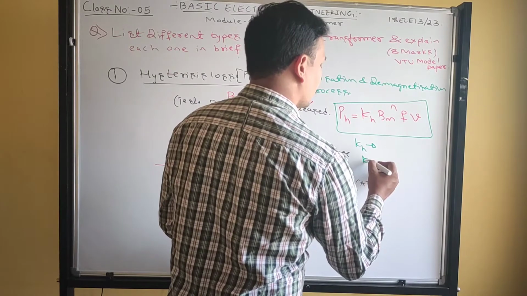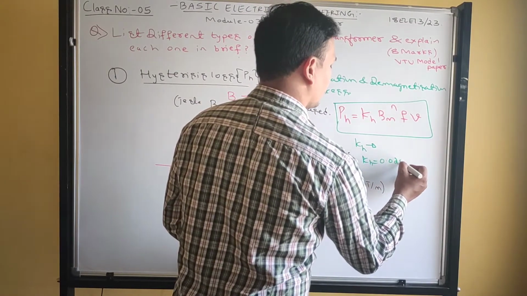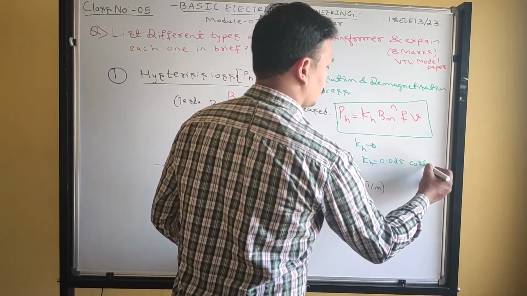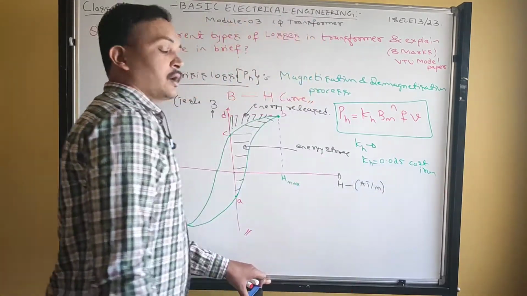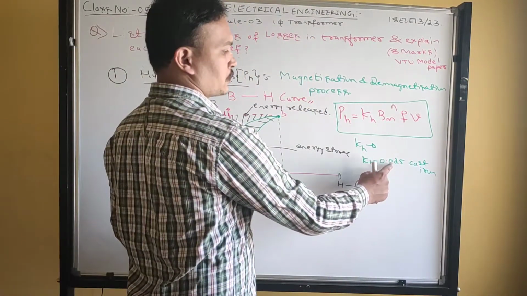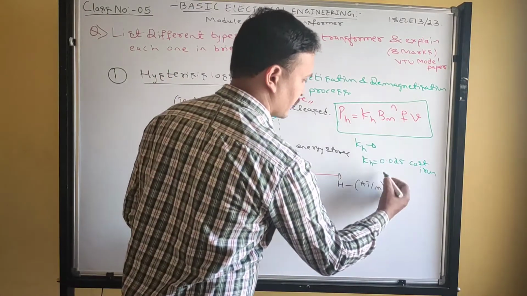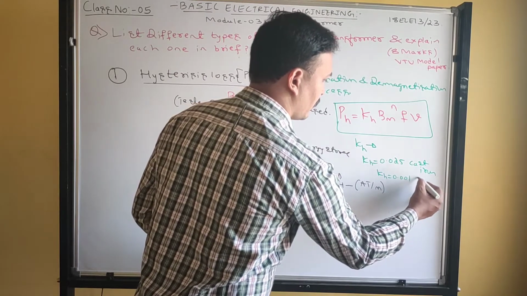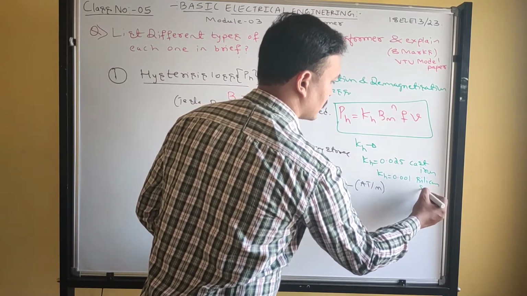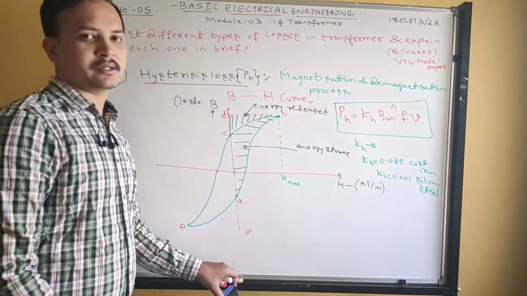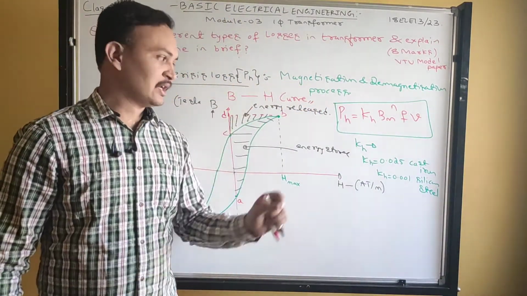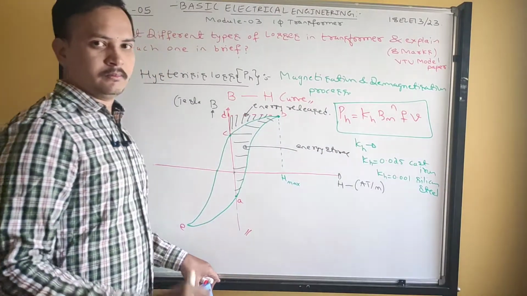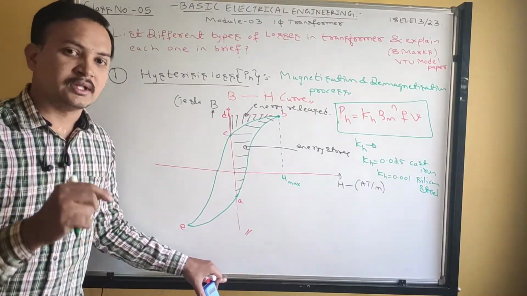And this value varies. The hysteresis coefficient for cast iron or cast steel varies from 0.025 to 0.25. Similarly, the hysteresis coefficient will be 0.001 for silicon steel. And then Bm is called the maximum flux density produced in the core.